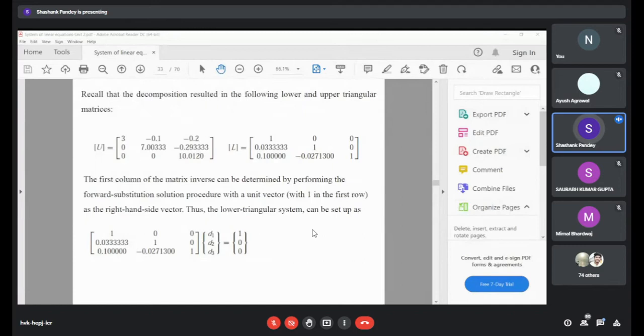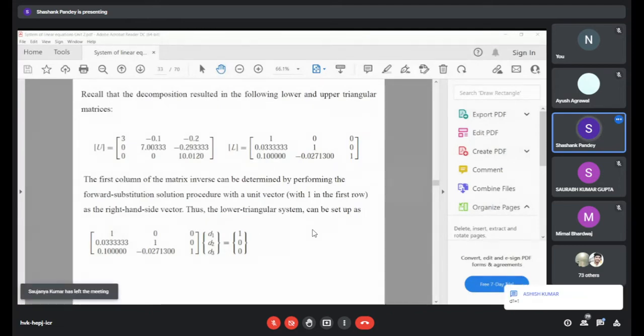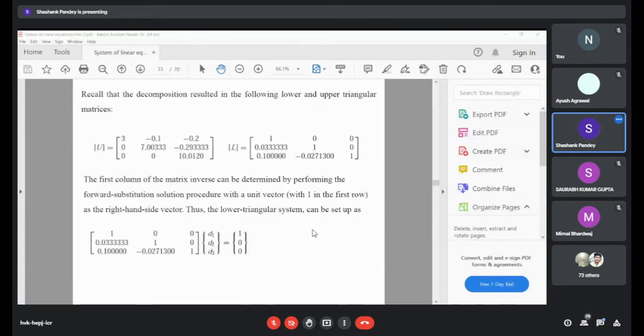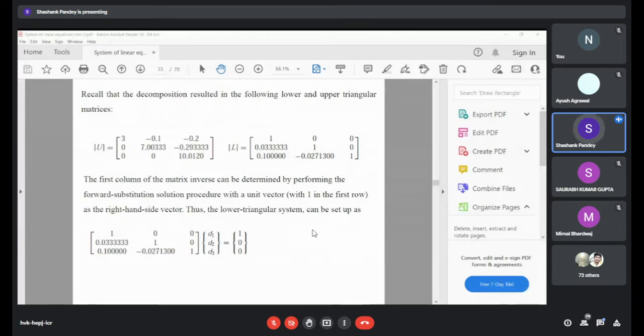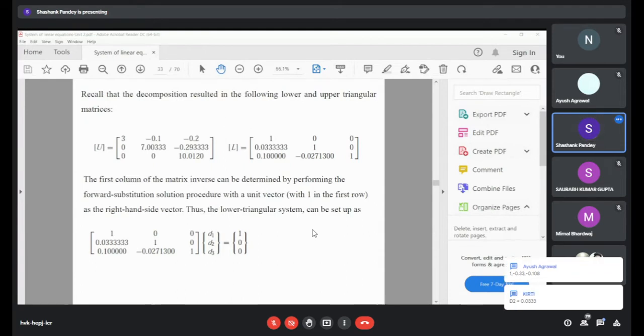Give all the three answers, D1, D2, and D3. D1, you can see here, is 1. D2 is also pretty straightforward. Kriti, give all the three answers. D1 is obvious. D3 also.